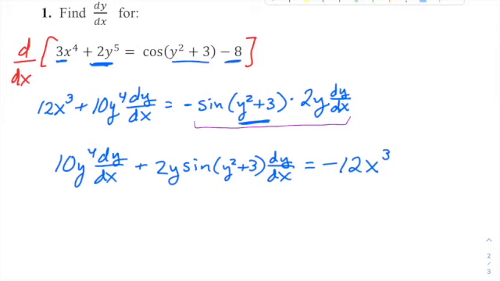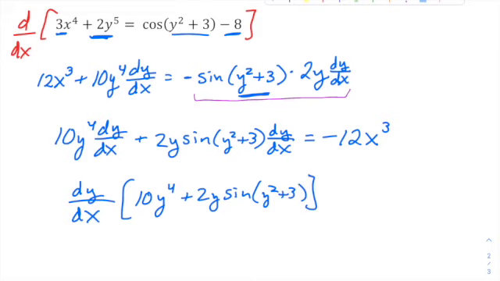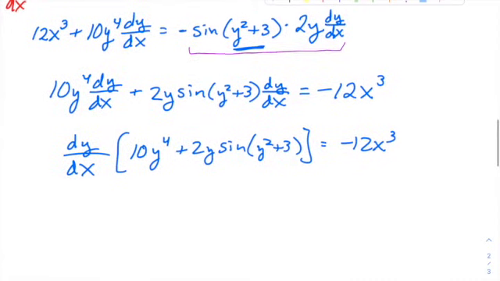And we do this so that we can now factor out dy dx. It's just a big variable, essentially, so you can treat it that way. I'll factor dy dx out, and I'll have 10y to the fourth plus 2y sine of y squared plus 3 equals negative 12x cubed. And now, since I was able to factor it out, I'll just divide by that big quantity to solve for dy dx.